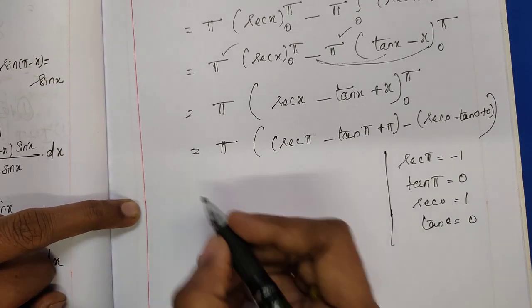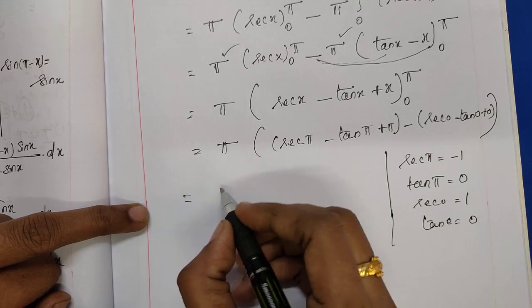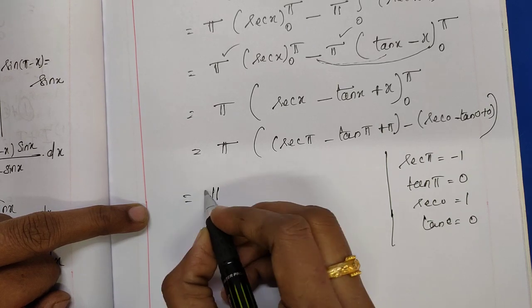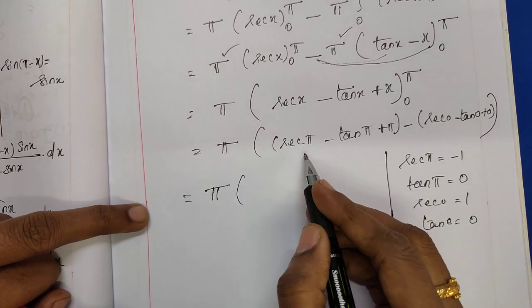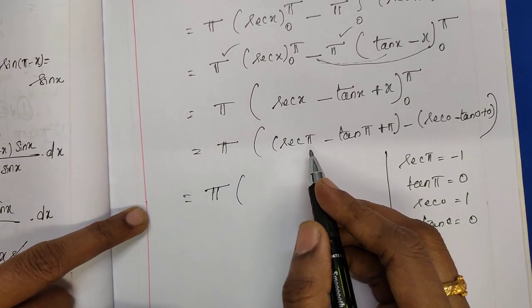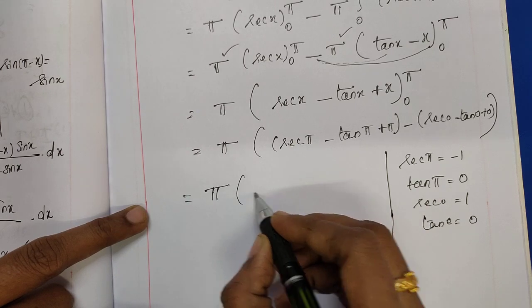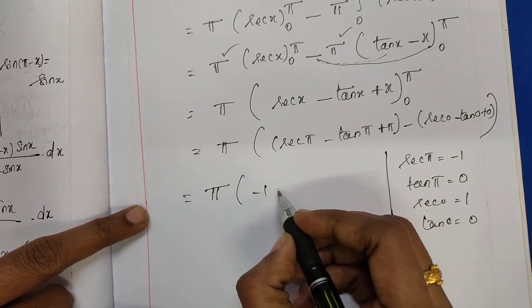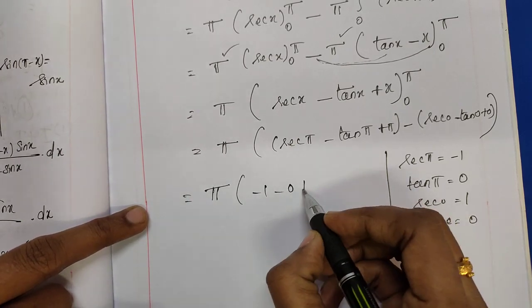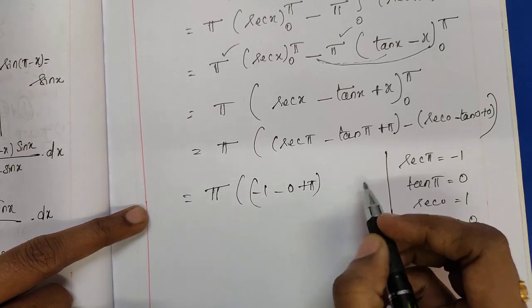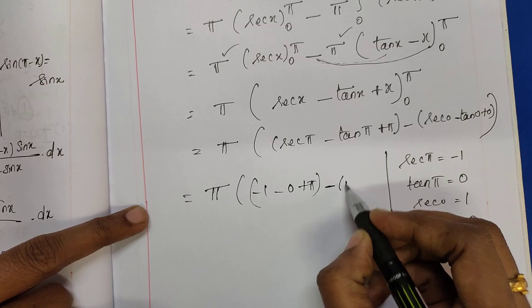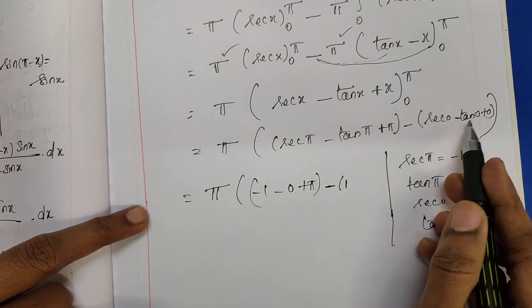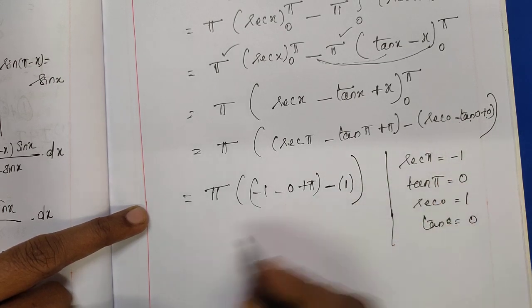Therefore our value is pi times the bracket: secant pi is minus 1, tan pi is 0, plus pi, minus the lower limit: secant 0 is 1, tan 0 and plus 0 are zero.